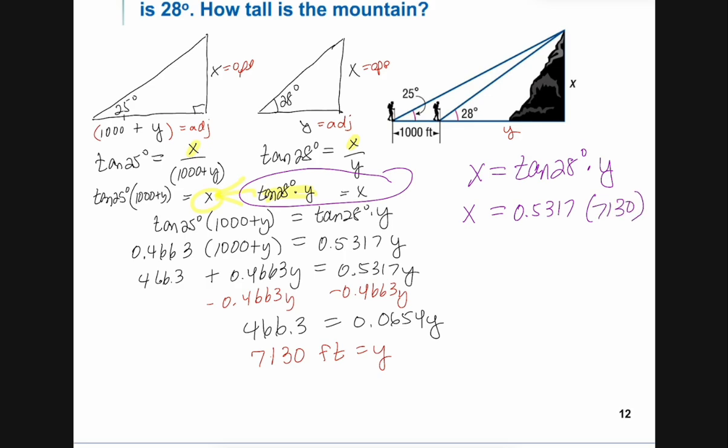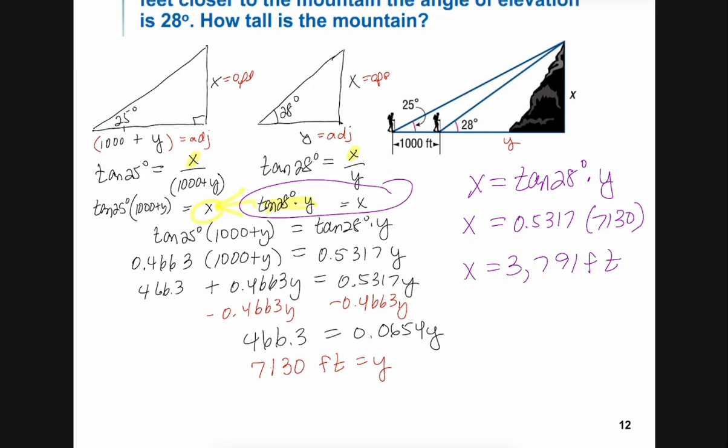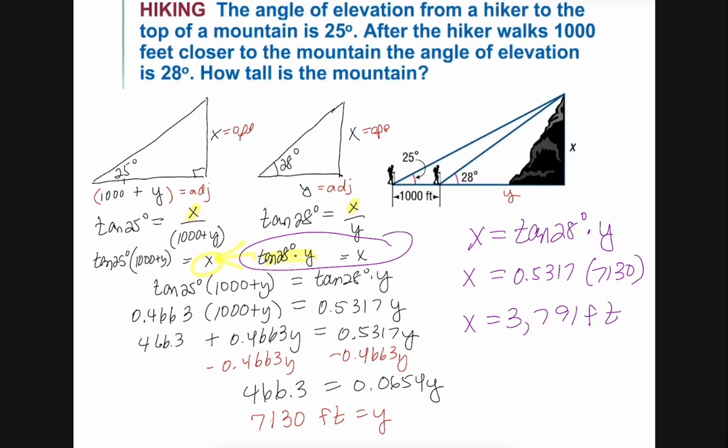So 7,130 times 0.5317, or the tangent of 28, if you want to enter that in your calculator, is 3,791 feet. So the height of the mountain is 3,791 feet.